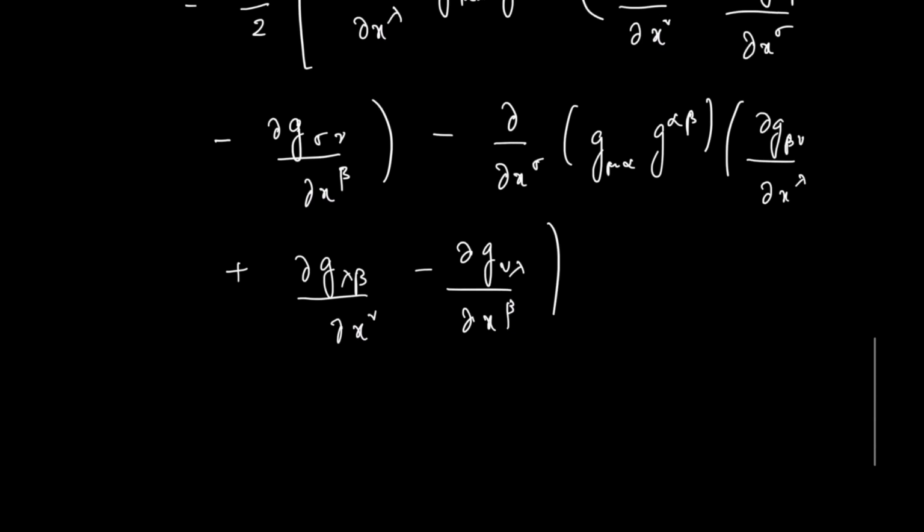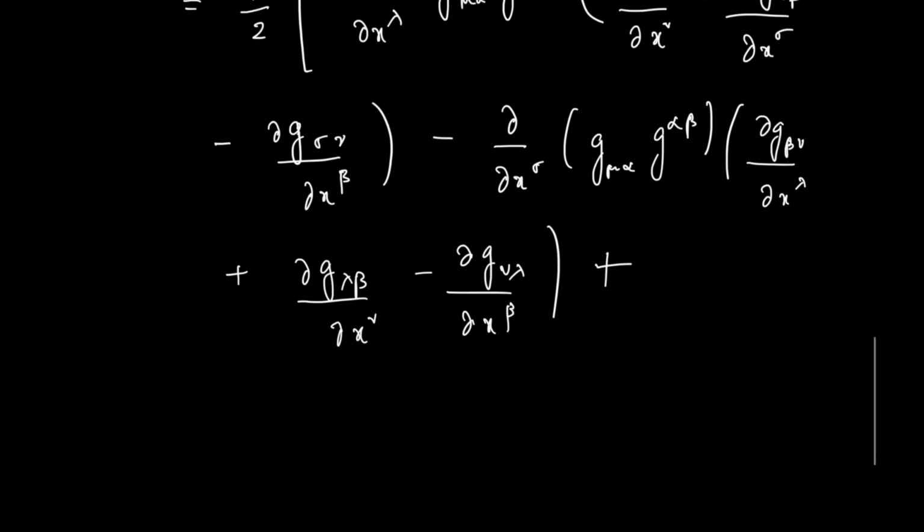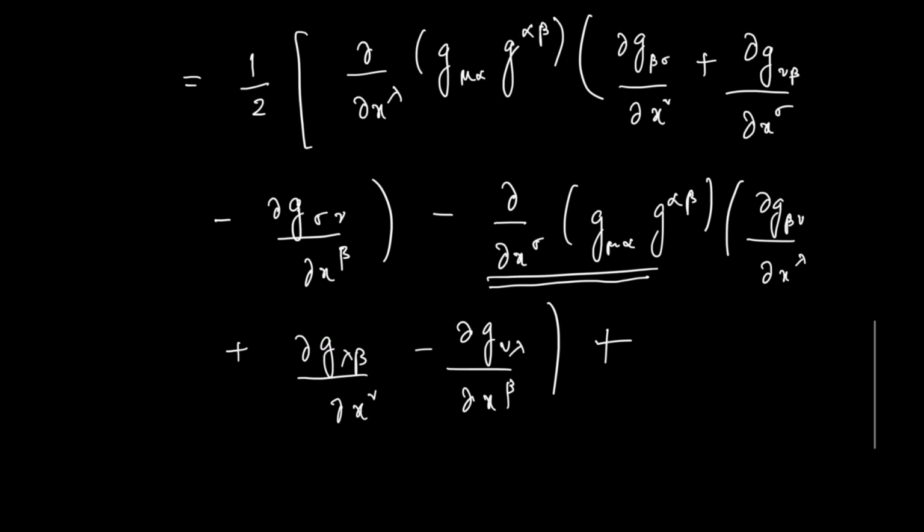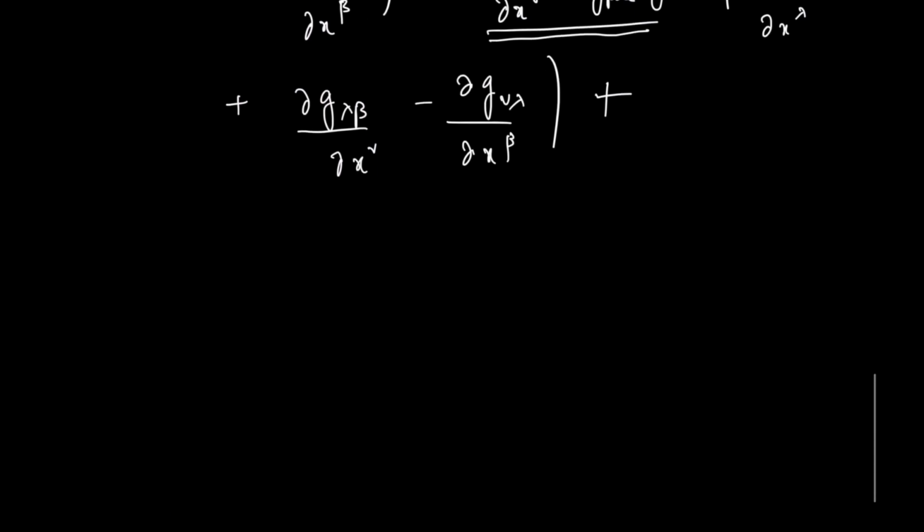Now plus, okay, now I have applied the partial derivative to the first term. Now I have to apply the partial derivative to the second term, and I have to keep this g mu alpha g alpha beta outside.